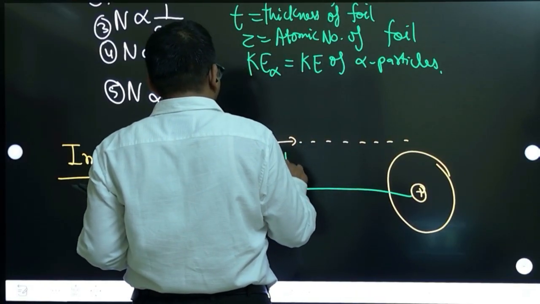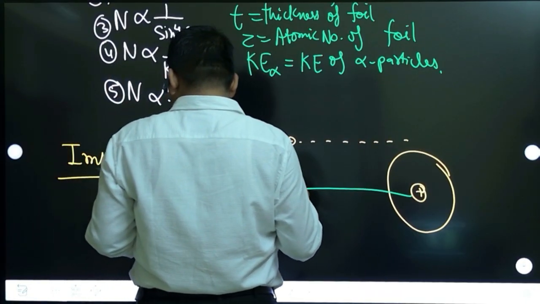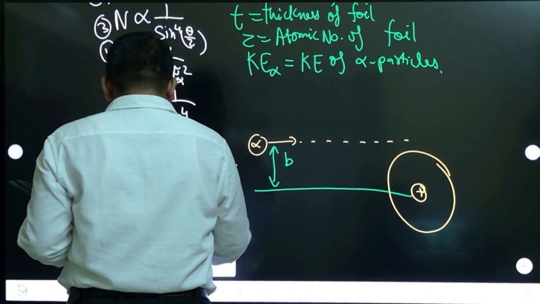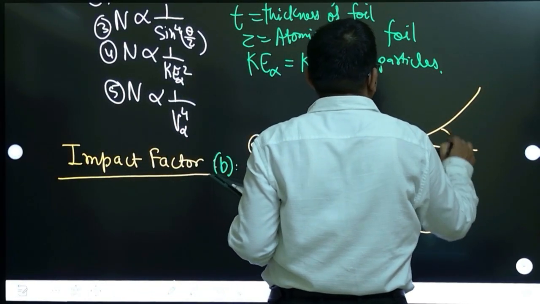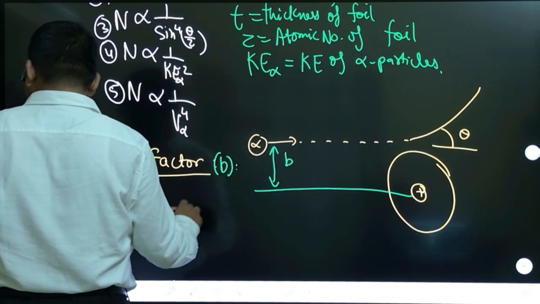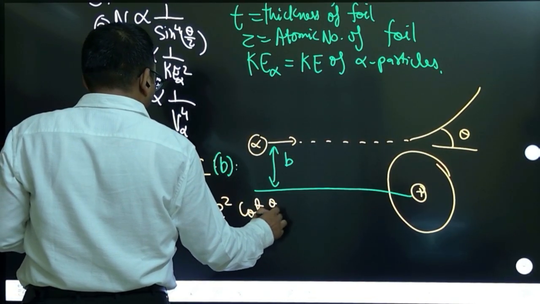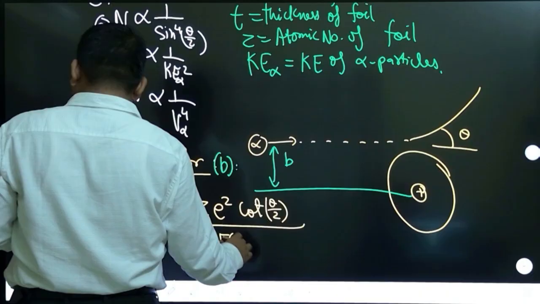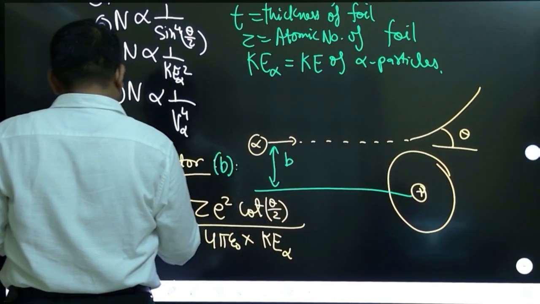This separation b is called impact factor. So how the scattering depends on this impact factor: it may scatter at some angle theta. This angle theta and impact factor are related by this formula: b equals Z e square cot theta by 2 divided by 4 pi epsilon naught into kinetic energy of alpha particles.